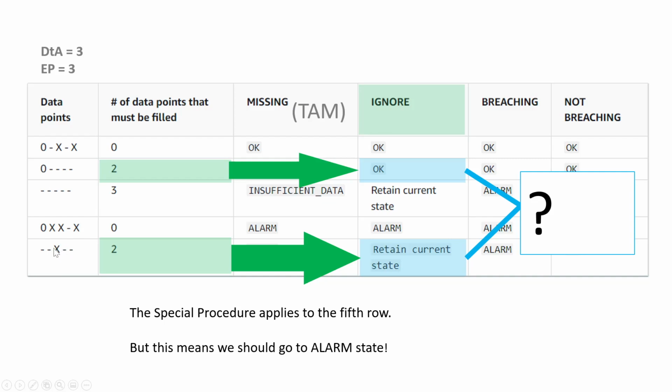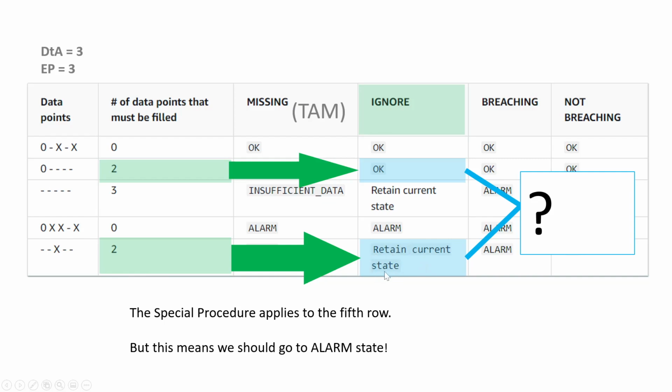Basically, this special procedure says if you've got a breacher within the evaluation period from the present time, which it is because it's three back, and it's at least as old as the data points to alarm, which it is, and it only has no data since then, or breaches since then, it should go to alarm.